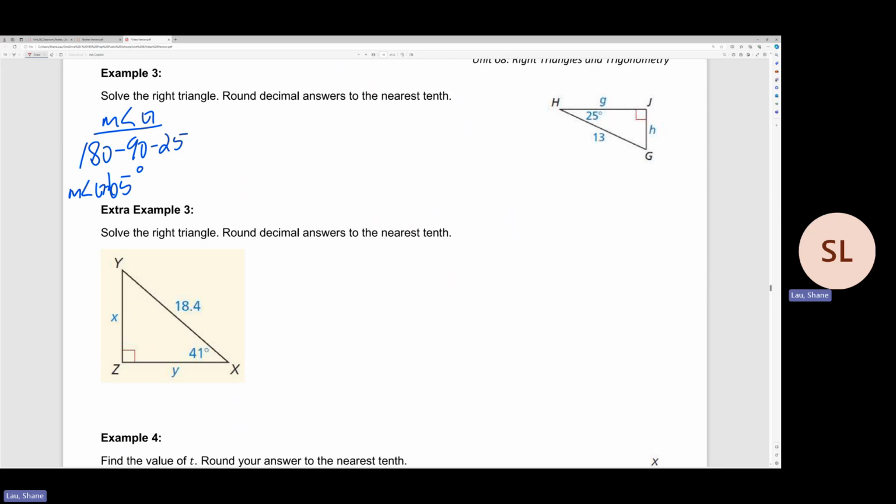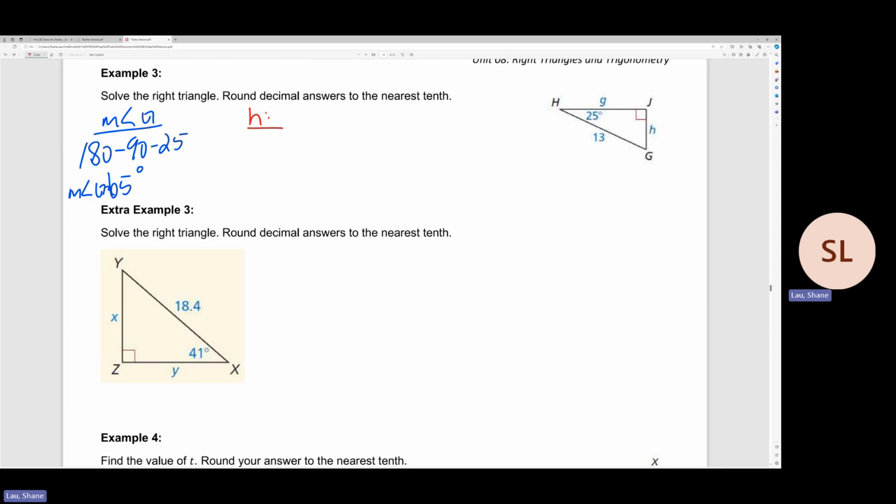Then if I wanted to solve for my H, you can go about it in different ways. You can use trigonometry again. You can't use the inverse functions, because remember, inverse functions solve for angles, but our regular trig functions will find our side lengths. So if I'm going for H, using angle H of 25 degrees, I know H is my opposite.